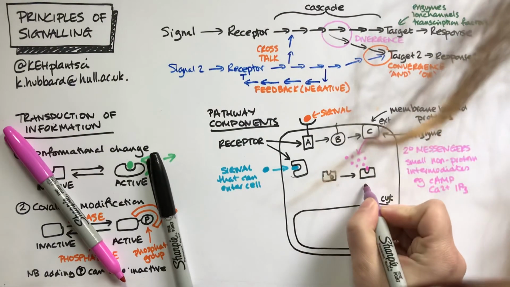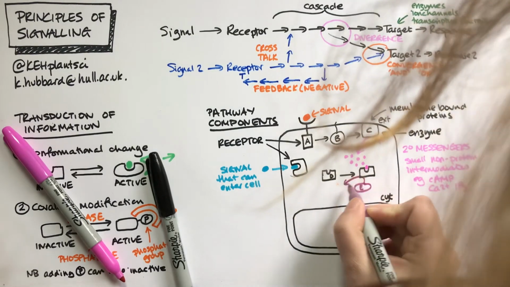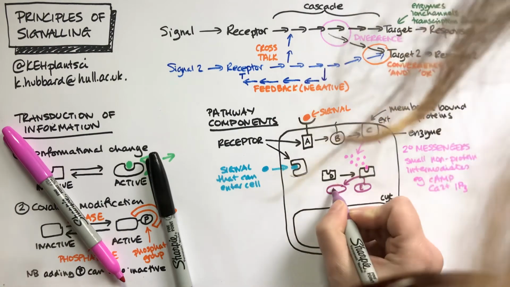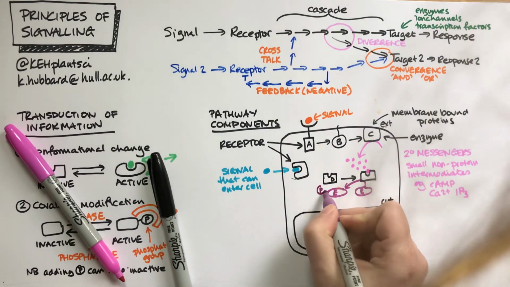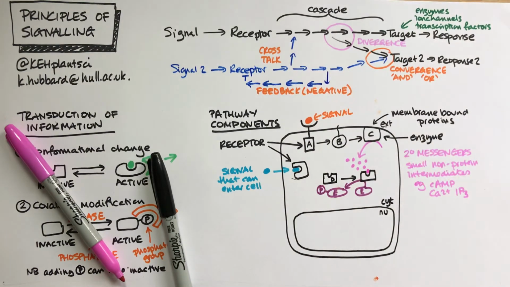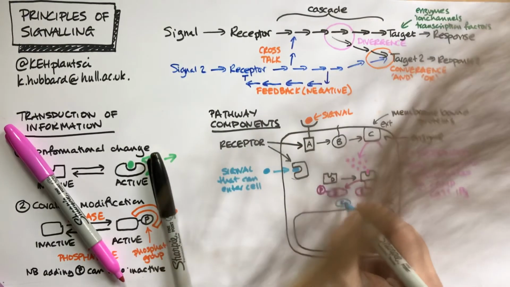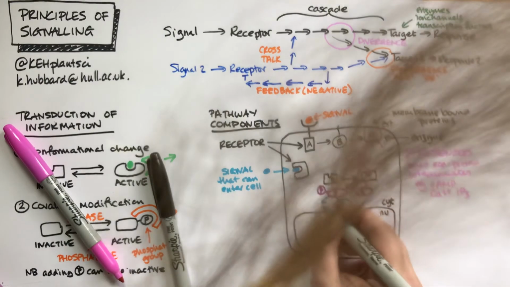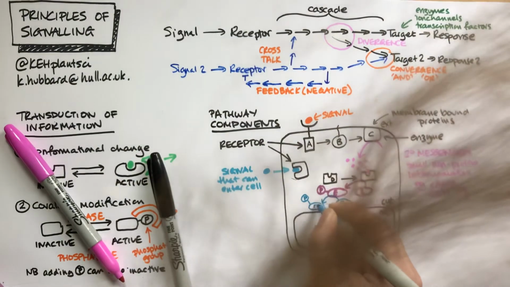So let's have protein E gets phosphorylated by protein D. So we put a phosphate group on it. And then we might have a second round of phosphorylation. So we might have protein F gets phosphorylated by protein E, for example.